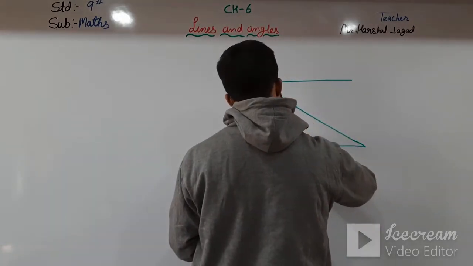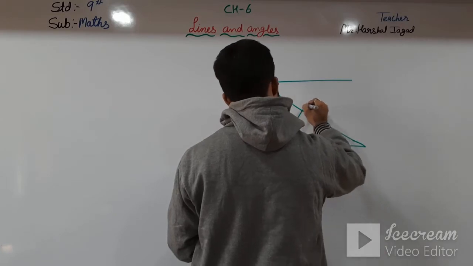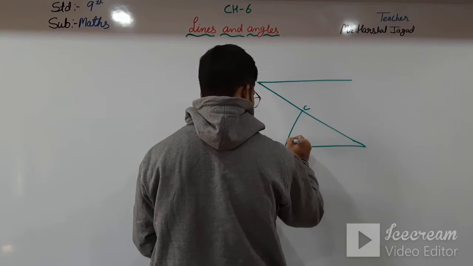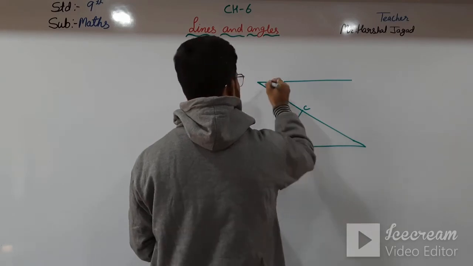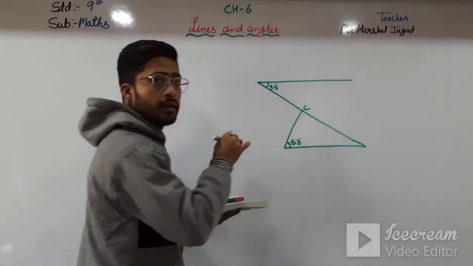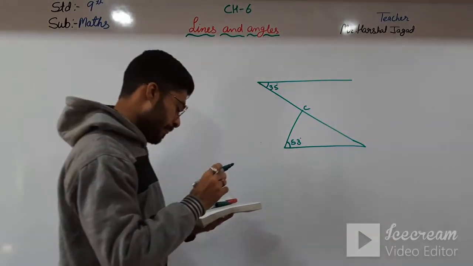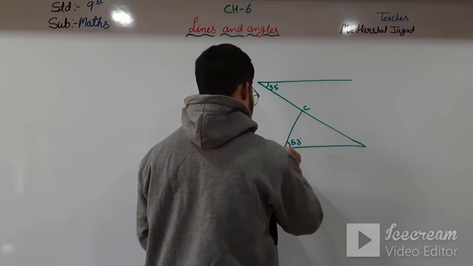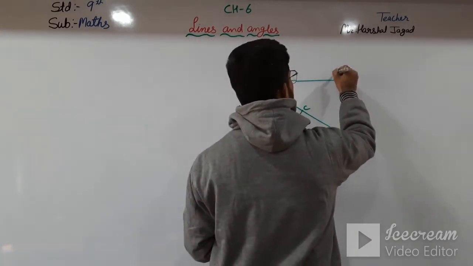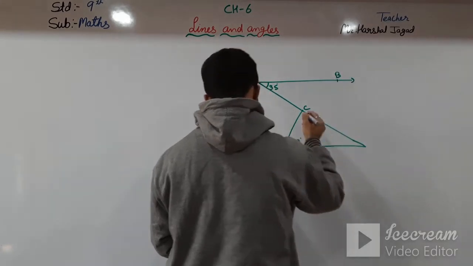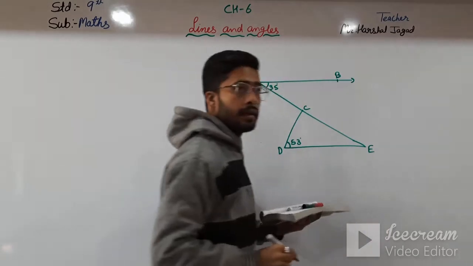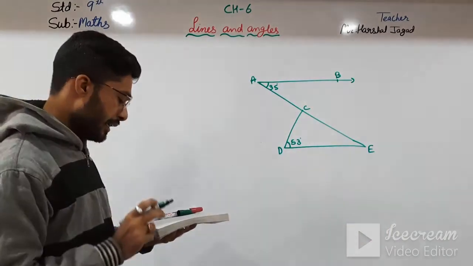Here there is C, here it is 53, here it is 35, and the names are A, B, C, D, E.